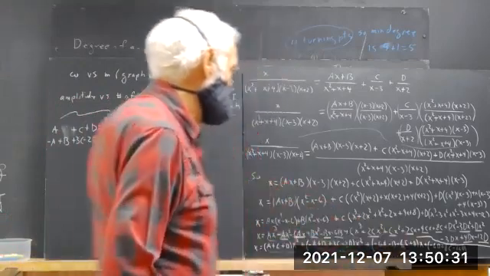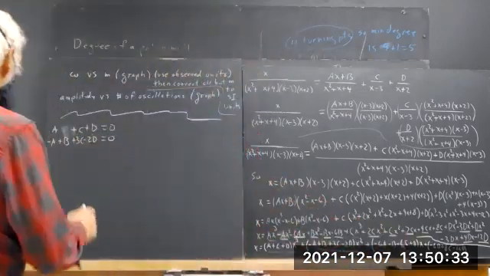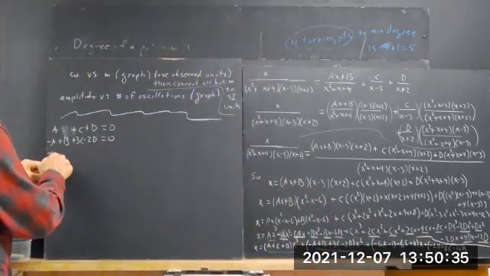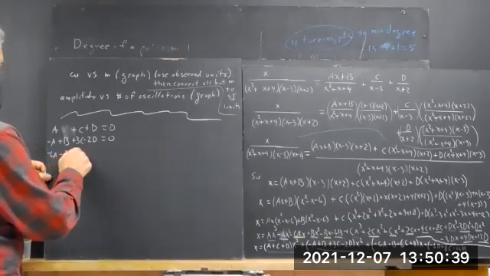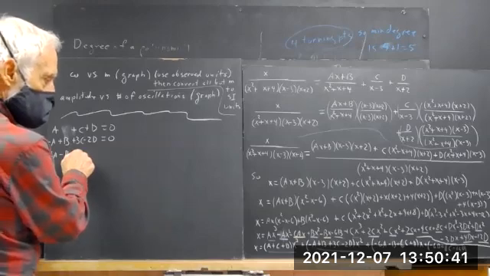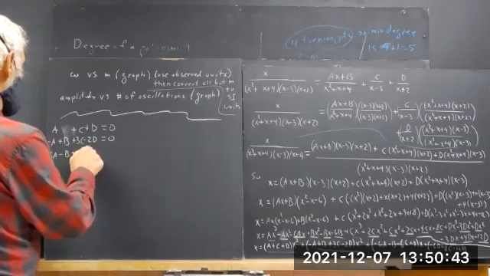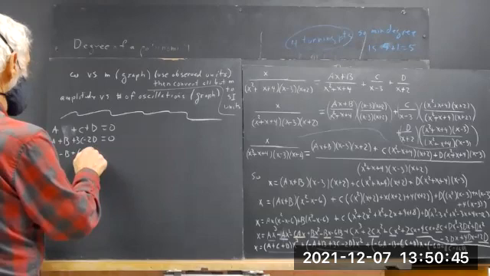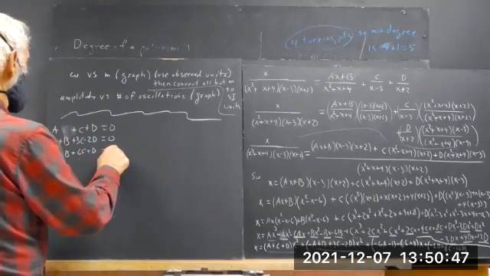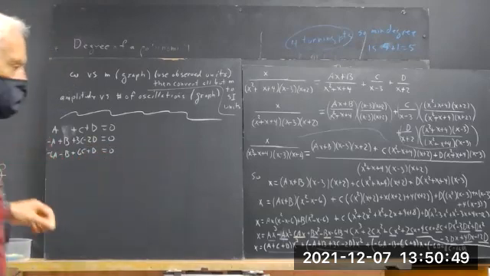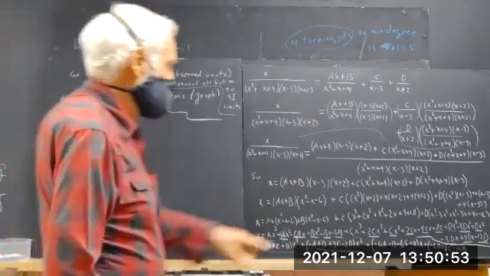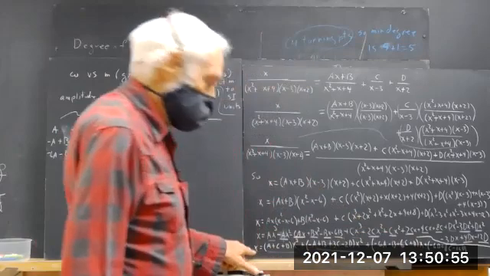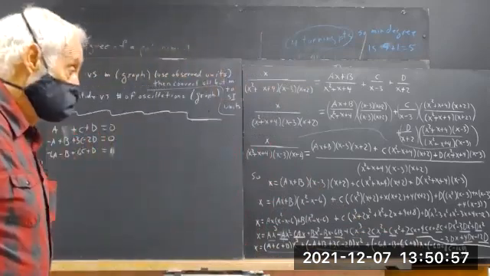Negative 6a minus b plus 6c plus d equals 1, sorry, because that's our coefficient of x, which is going to equal the coefficient of x here.